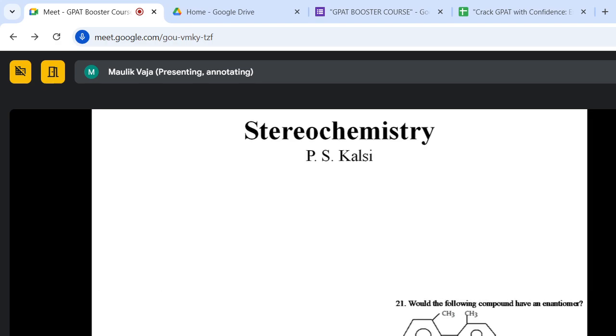Would the following compound have an enantiomer? Is enantiomerism possible in this compound or not?